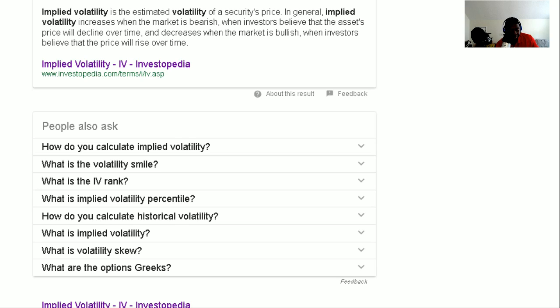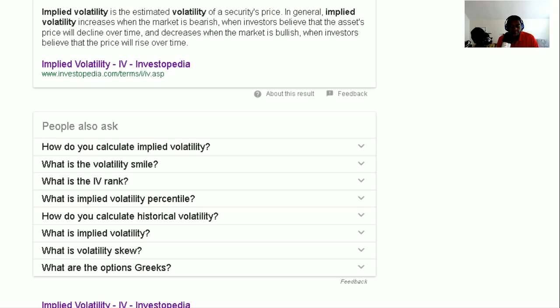So basically, implied volatility measures supply and demand, and investors' expectation of that stock's ability to either rise or decrease in price.